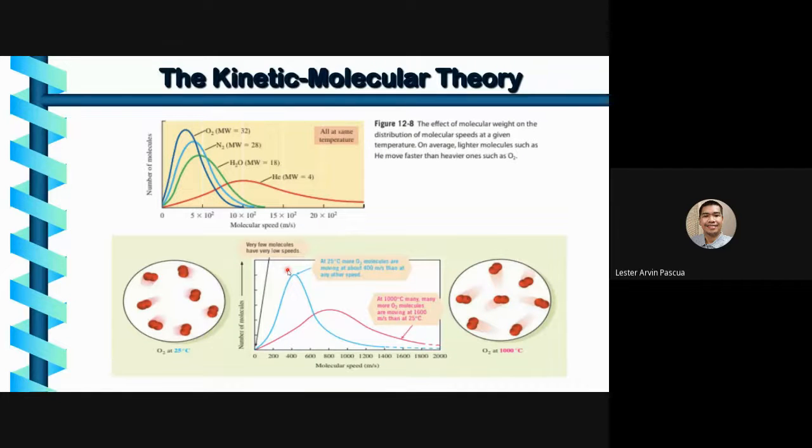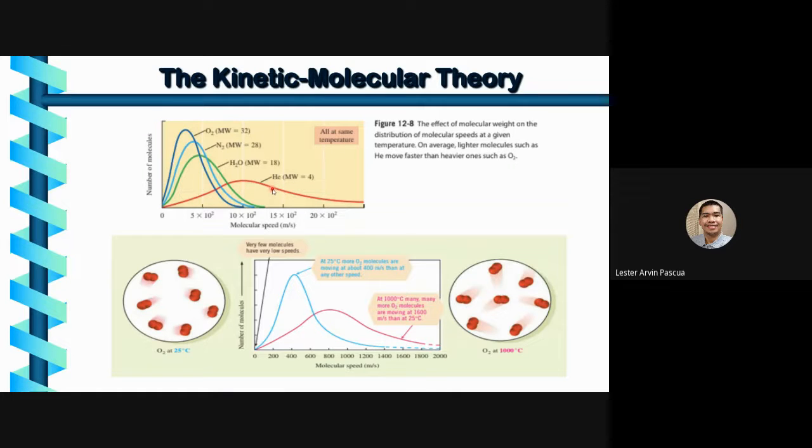Yan. So, ano lang naman to, pinapakita niya lang na yung molecular weight, merong siyang effect doon sa molecular speeds at a given temperature. So, pag mas magaan yung molecule mo, mas ganito yung distribution ng speed. So, ito yung mas mabilis, mas mabagal. So, this is at constant temperature, all at same temperature.